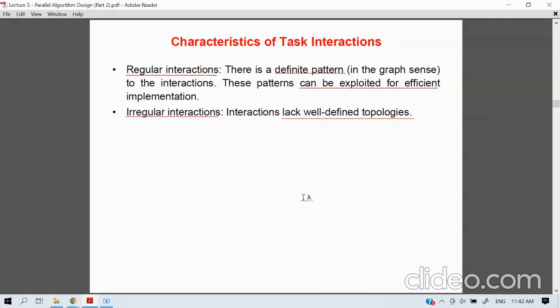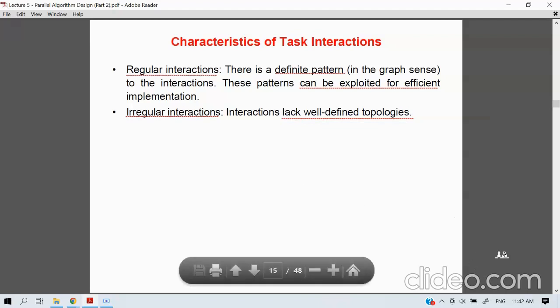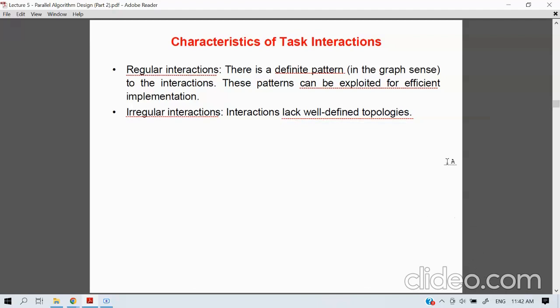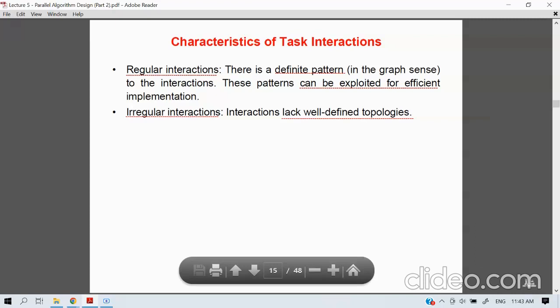So that one is irregular interaction. We need to consider this when we want to choose the best parallel decomposition, in order to increase the performance of concurrent processing or parallel processing.